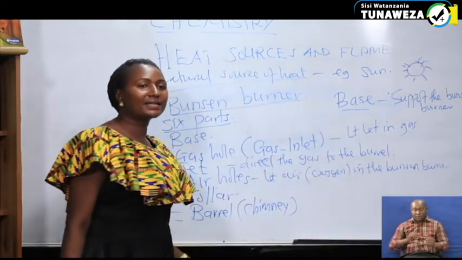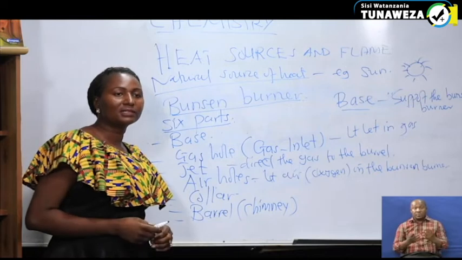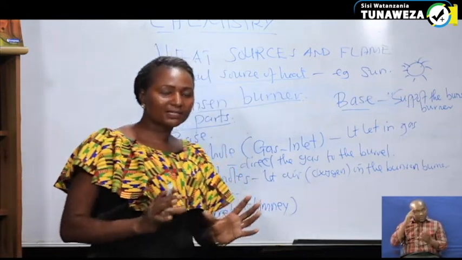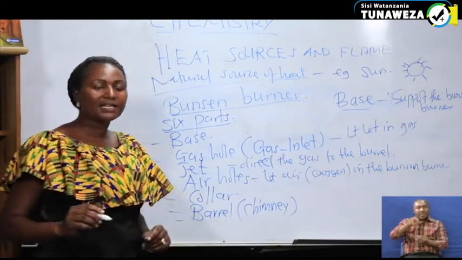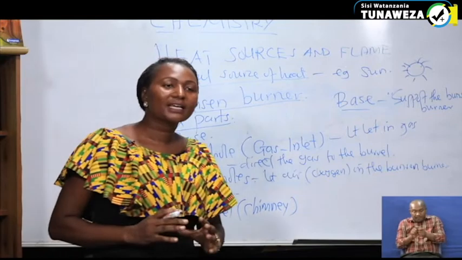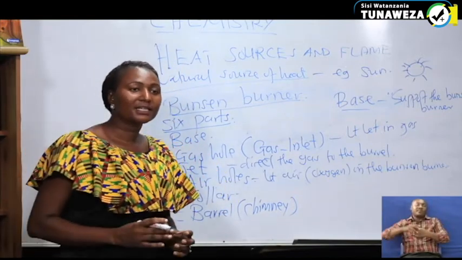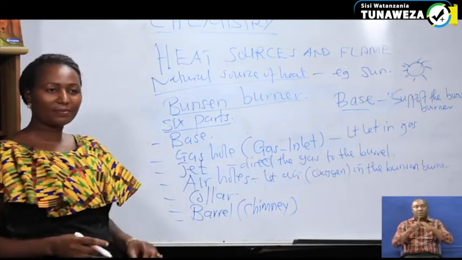Another is the collar. This normally has got rings. Its function is to regulate the amount of air entering the Bunsen burner so as to get the required flame. That is the function of the collar.